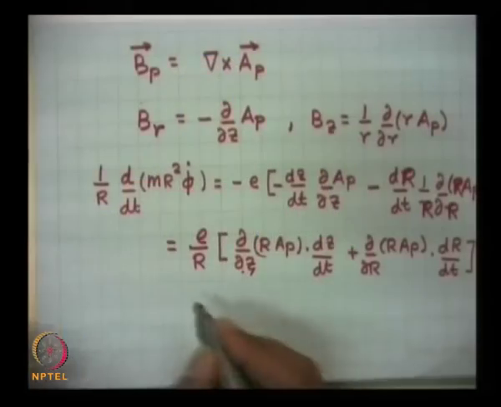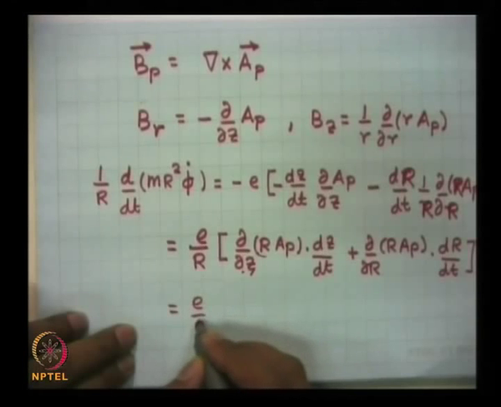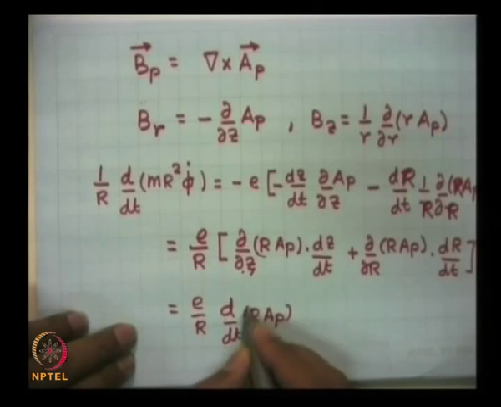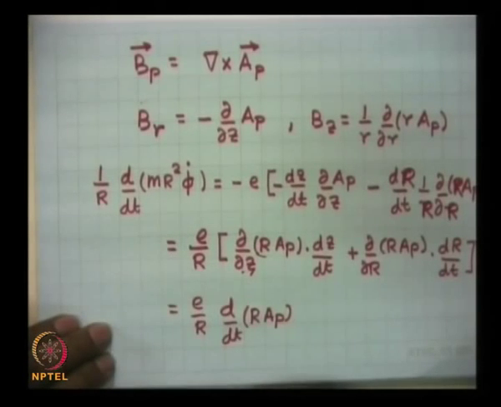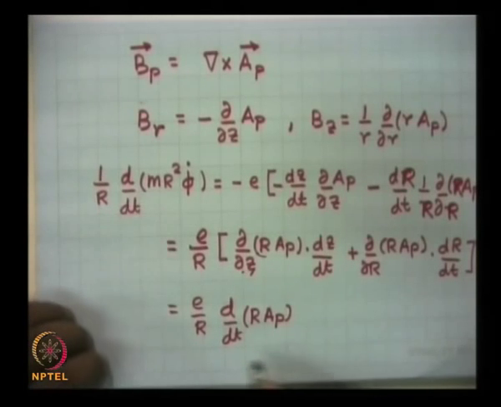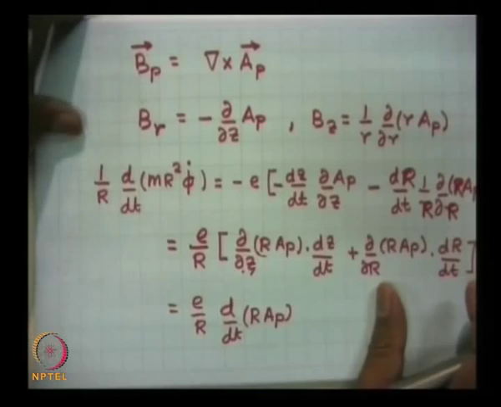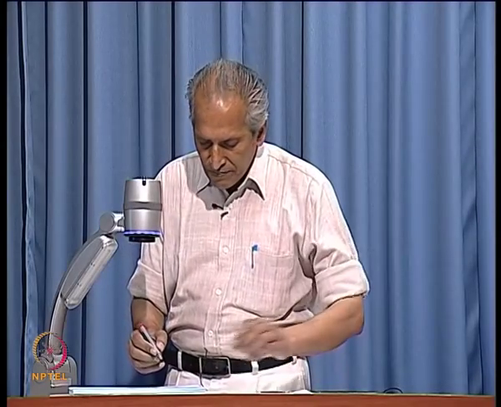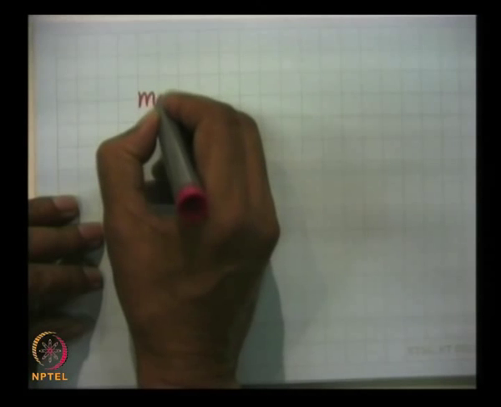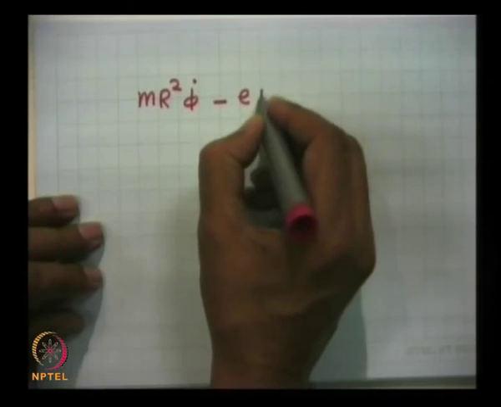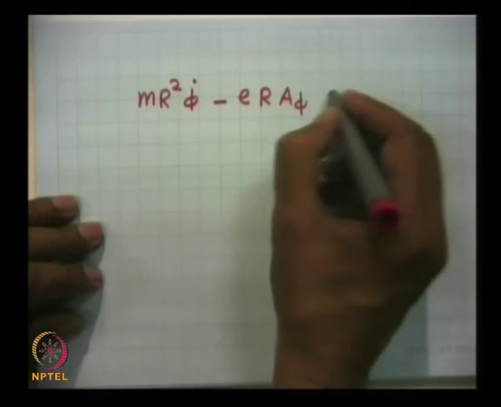So, this entire quantity can be written as e upon R into d dt of R AP, and if you look at the left hand side and right hand side, 1 upon R is common in both of them, and consequently you get a constant of motion, which I would like to write down. The constant of motion turns out to be m r square phi dot minus e r A phi is a constant of motion.